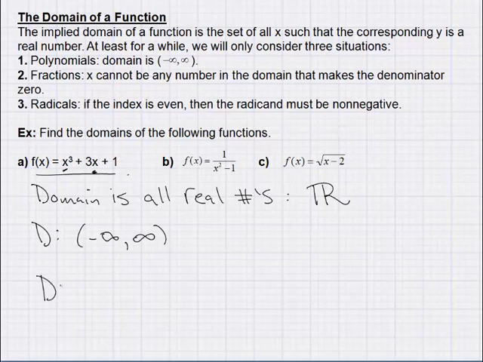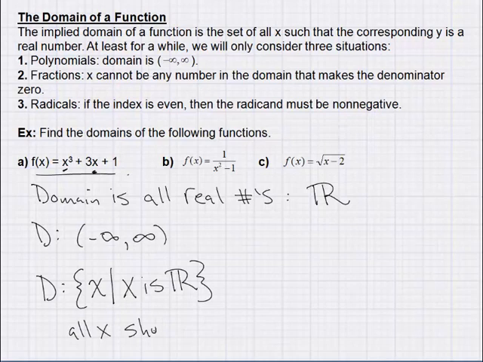Set builder notation is to use these braces, and I would say the domain is all x such that x is a real number. And that's what we call set builder notation. The way you read this is all x such that x is real.